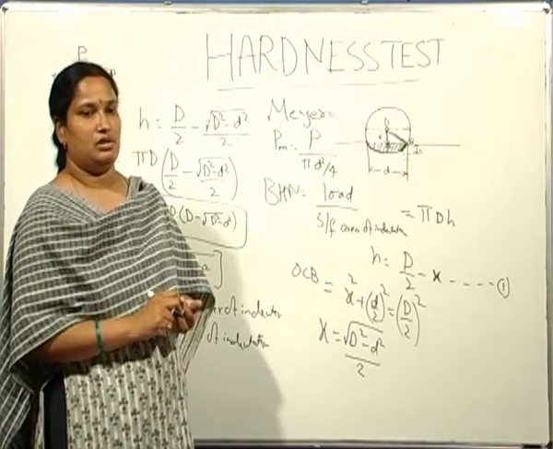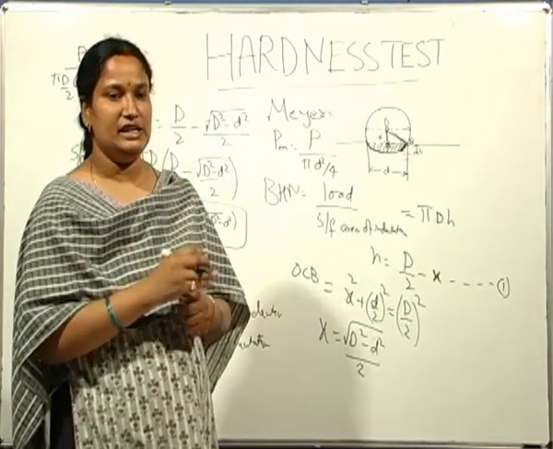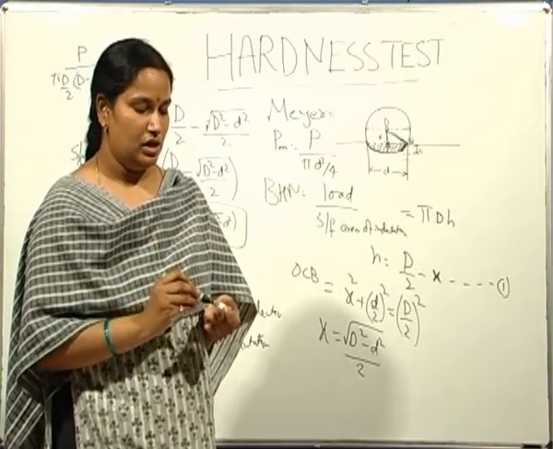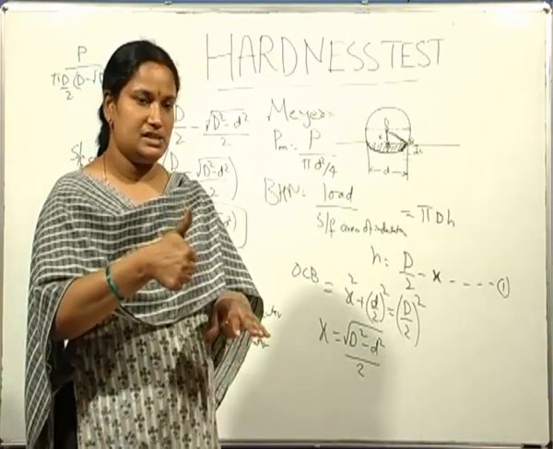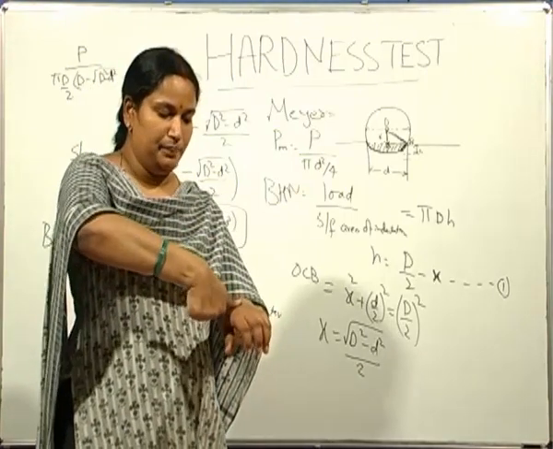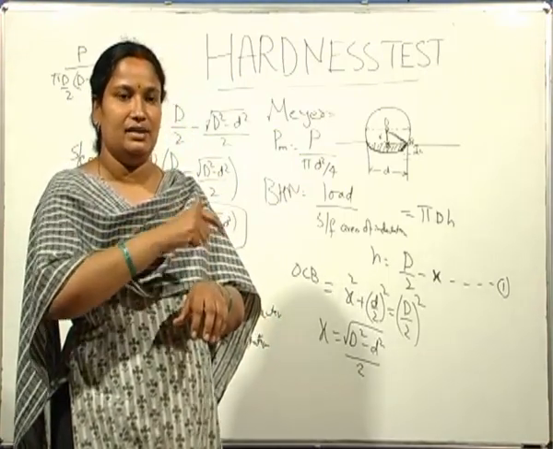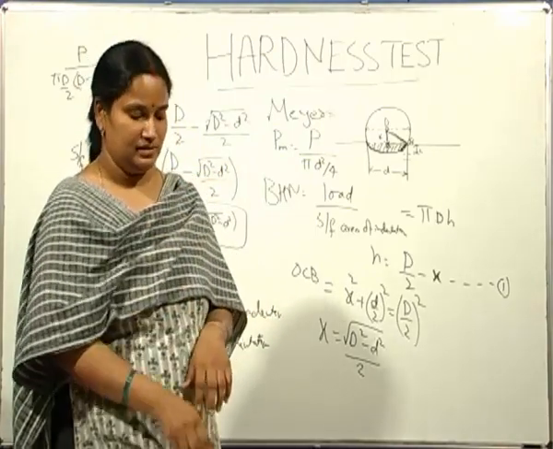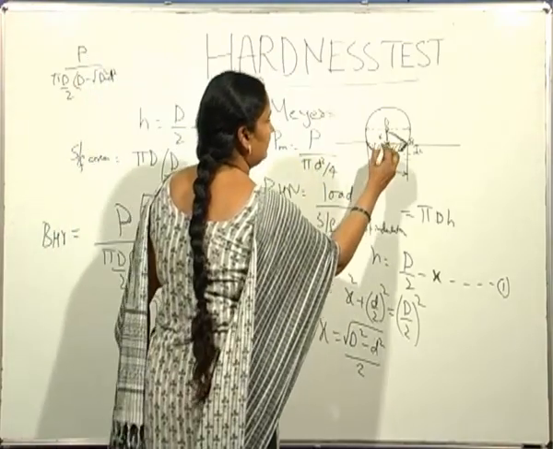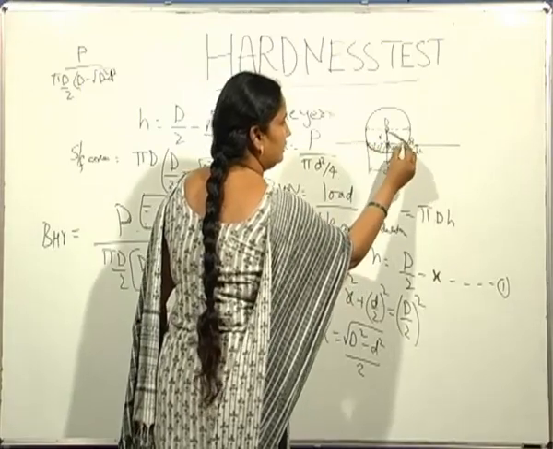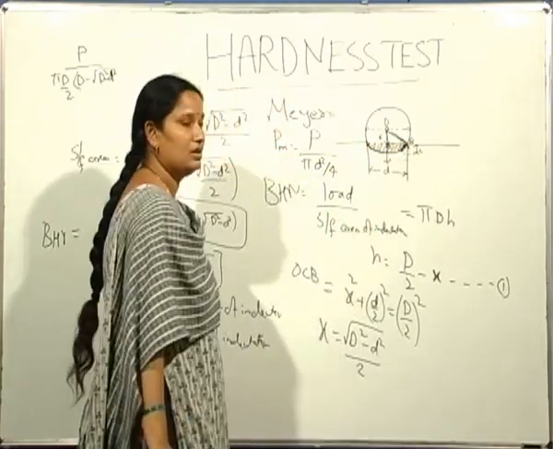Average pressure means, suppose you press on your hand with the thumb, the pressure felt at the center is greater than at the edges.